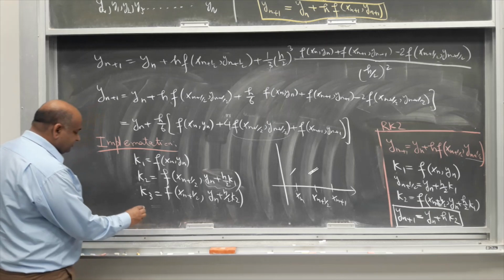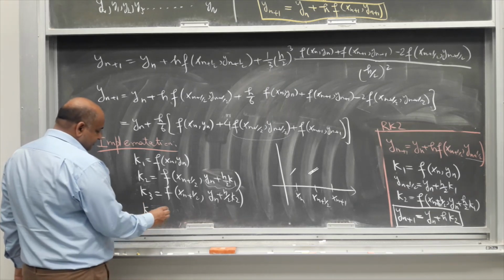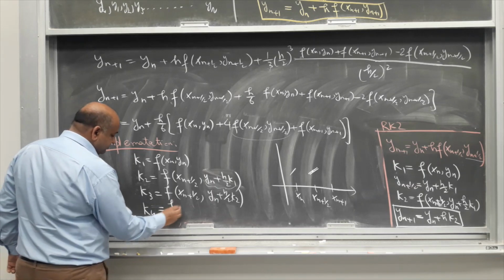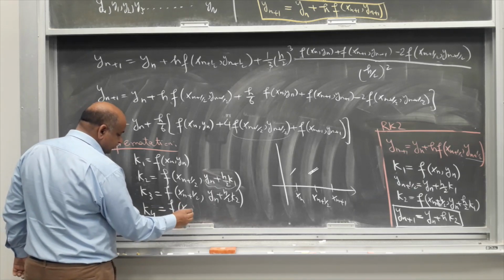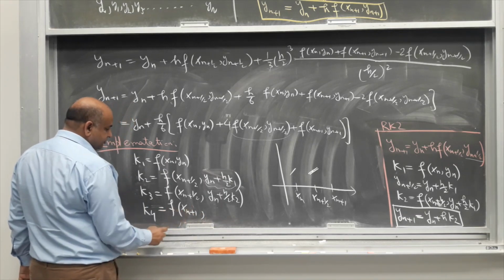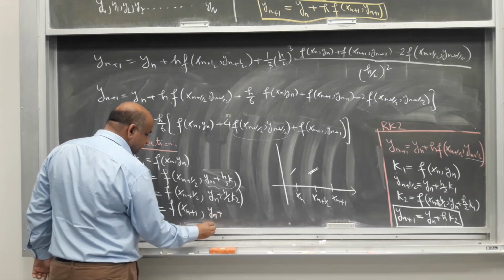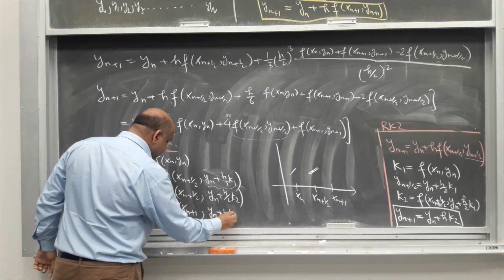Similarly, for the last term, let me define k4 as f of x_{n+1}, which is nothing but x_n plus h, and for this I have y_n plus h k3.